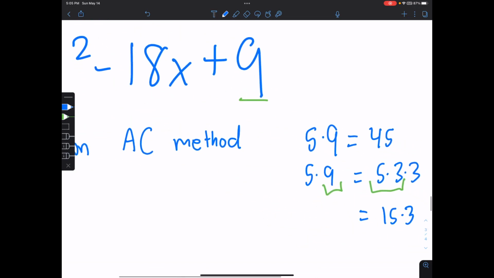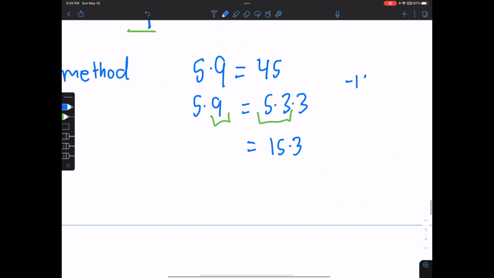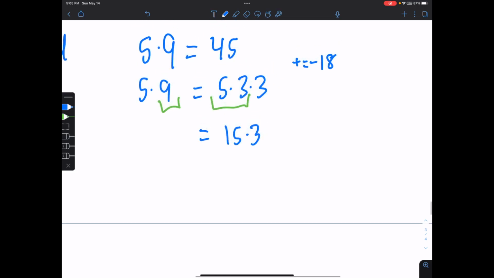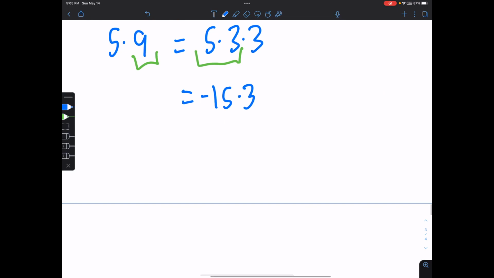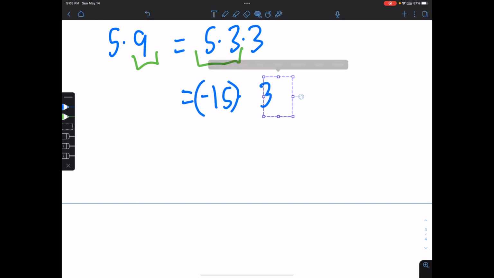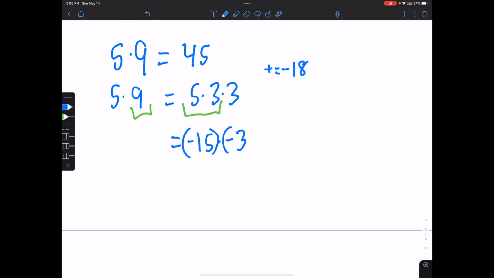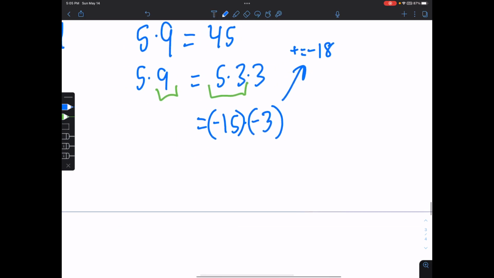What are we trying to get to? We're trying to get to negative 18. If we add a negative to both factors, we know that will add up to negative 18. So boom, we have our factors.